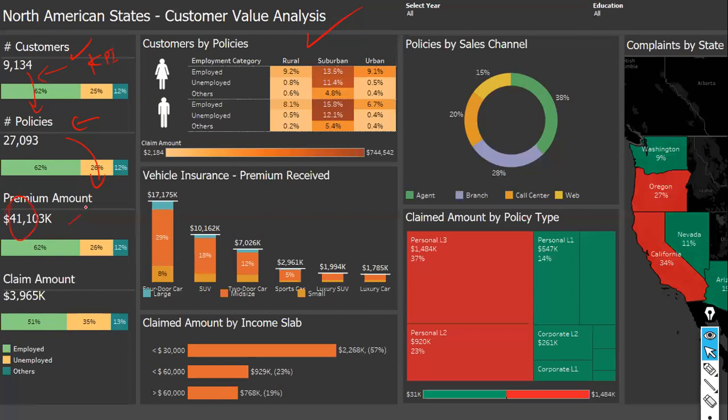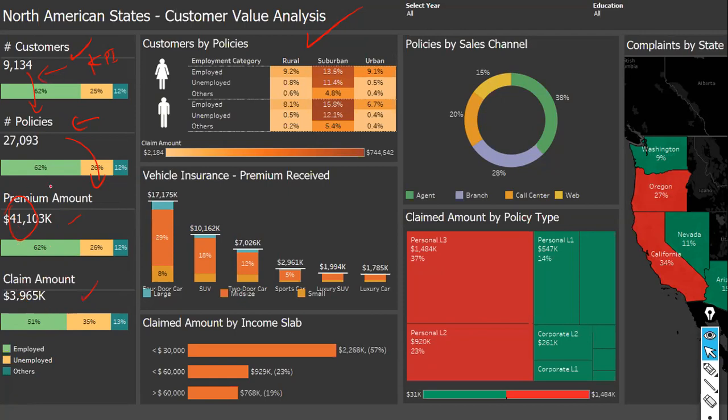Good, fantastic. How much claim have we given so far? 3 million. Out of 41 million income, you have given just 3 million. That is okay, right? So you get a quick, instant idea.